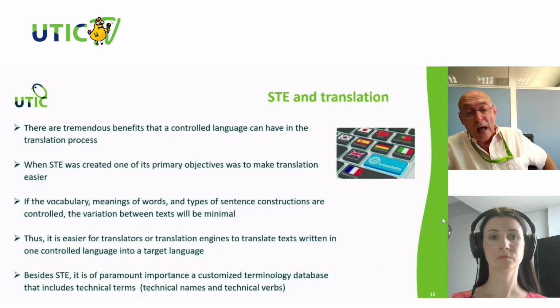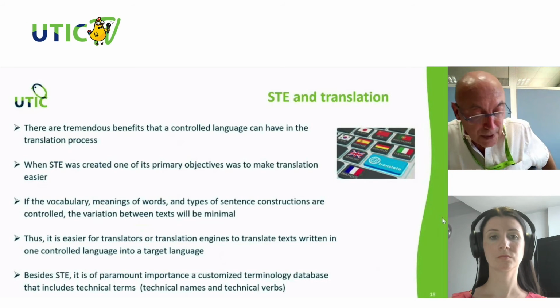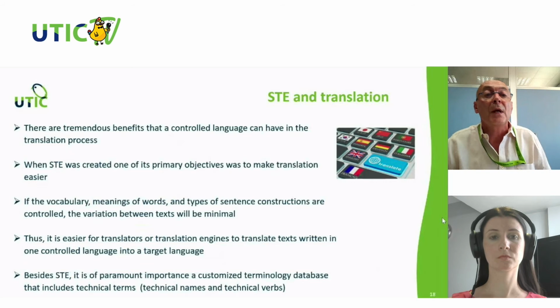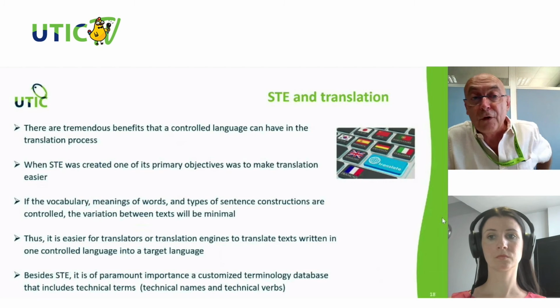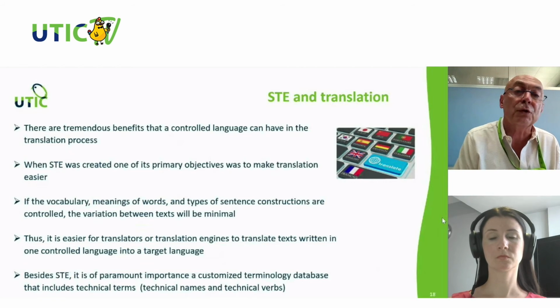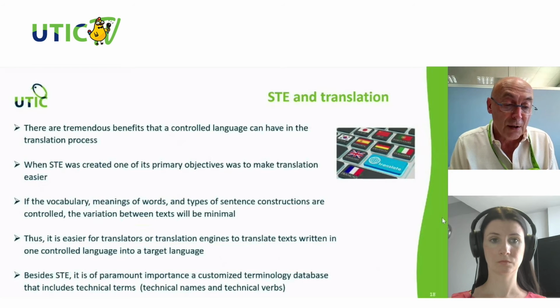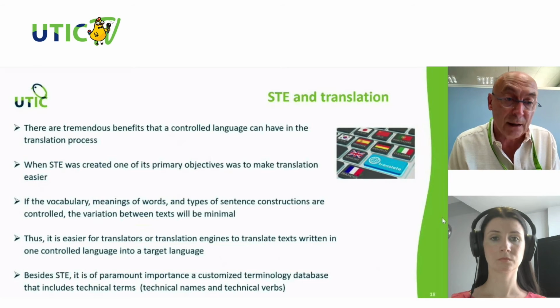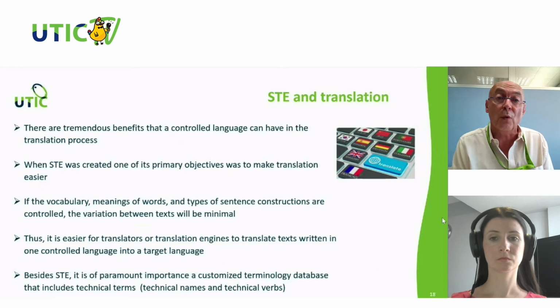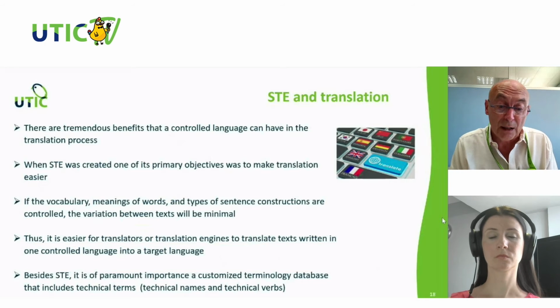And so how can it be applicable to translation? There are, of course, tremendous benefits that control language can have in the translation process. When STE was created, one of its primary objectives was to make translation easier.